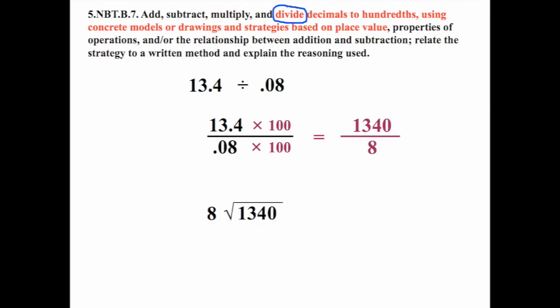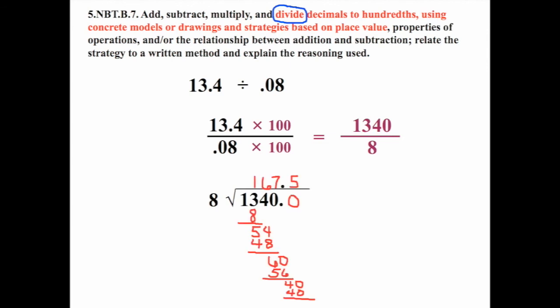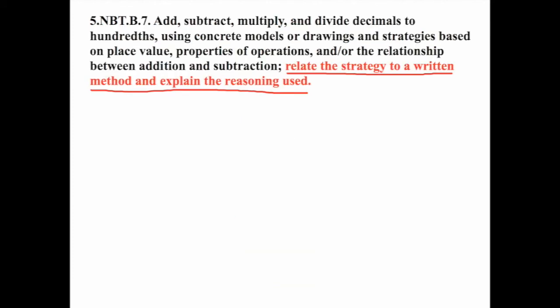And so now the solution is a lot simpler. We know exactly what to do with our decimal place. We do our division, and voila, there's our solution. It's 167 and 5/10.